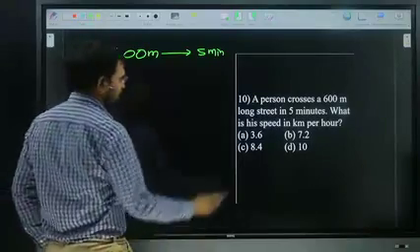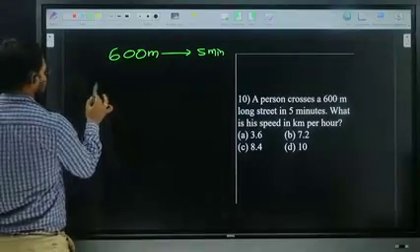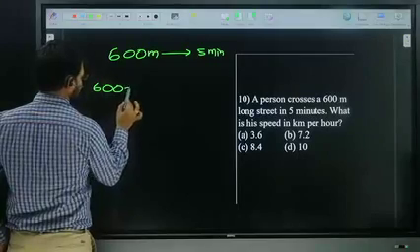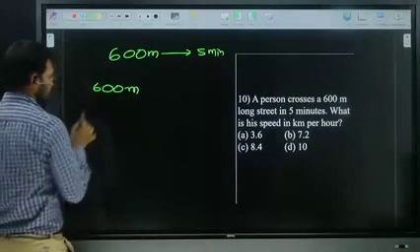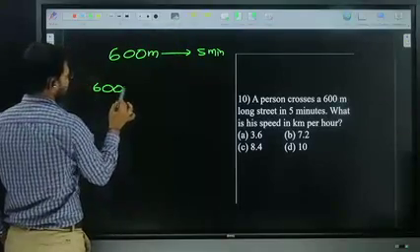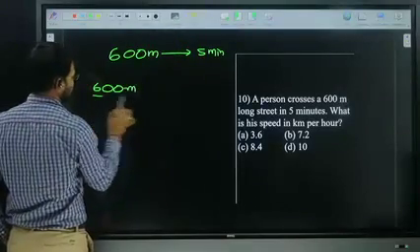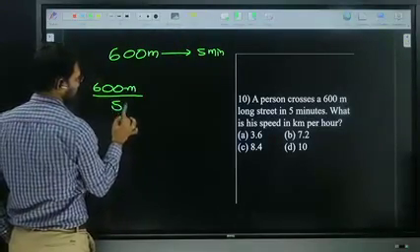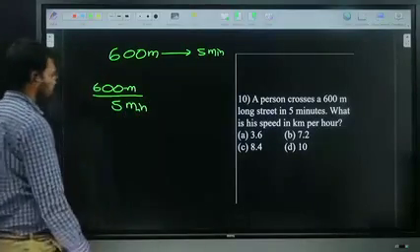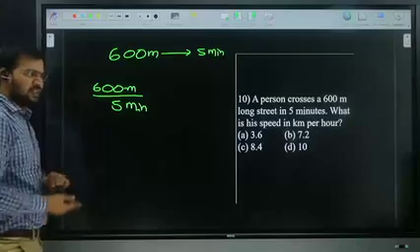They are asking kilometers per hour. So here 600 meters divided by 5 minutes. 600 meters in 5 minutes.